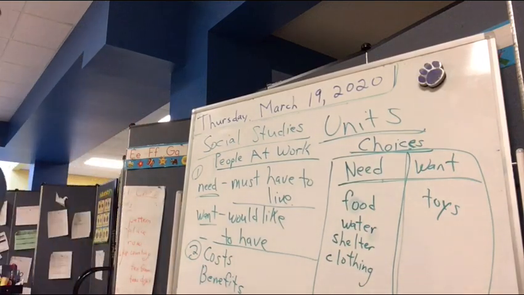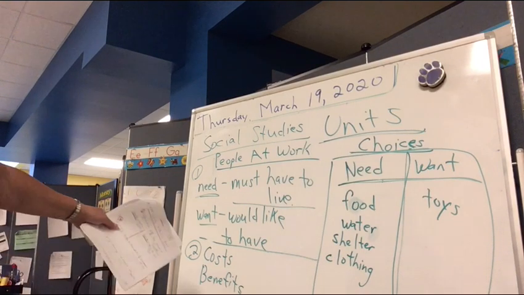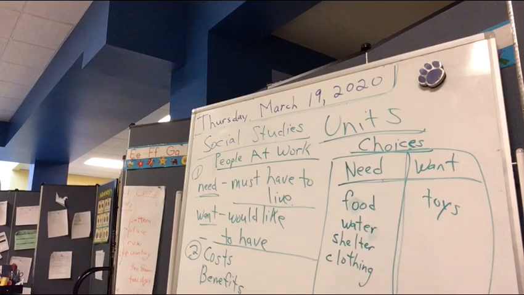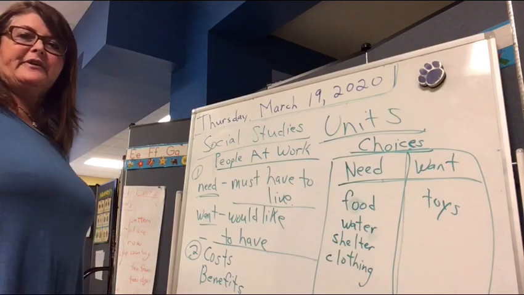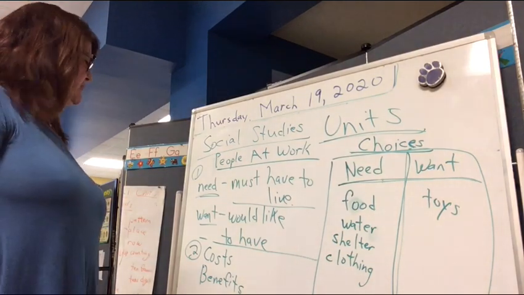Costs and benefits. I want you to think about what are some costs, what are some benefits. Something that costs you money. For example, food costs you money, and it gives you the benefit of survival.